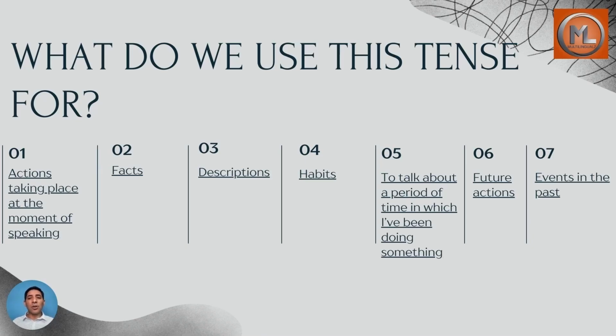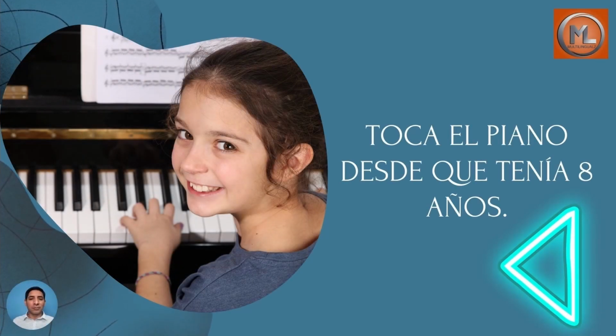The fifth one is to talk about a period of time in which I've been doing something. Now, in English, we tend to use the present perfect for this. But let's see an example of how we do this in the modo indicativo. Here the example says, toca el piano desde que tenía 8 años. She's been playing piano since she was 8 years old.